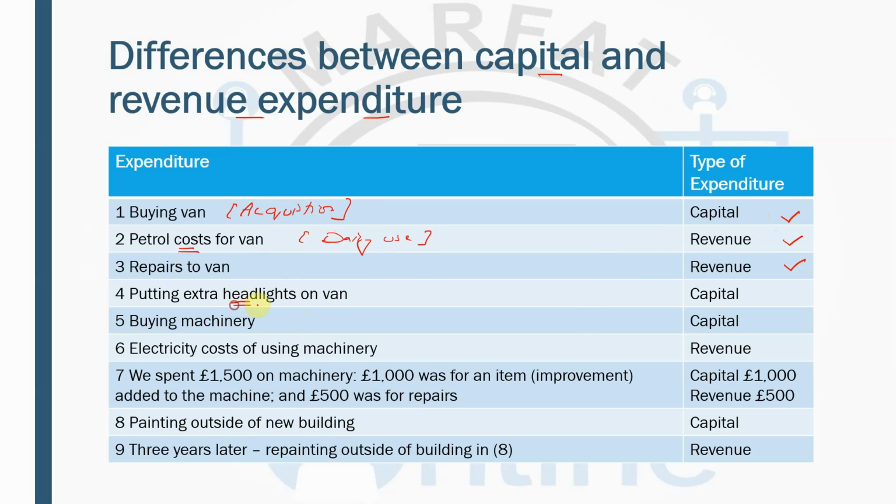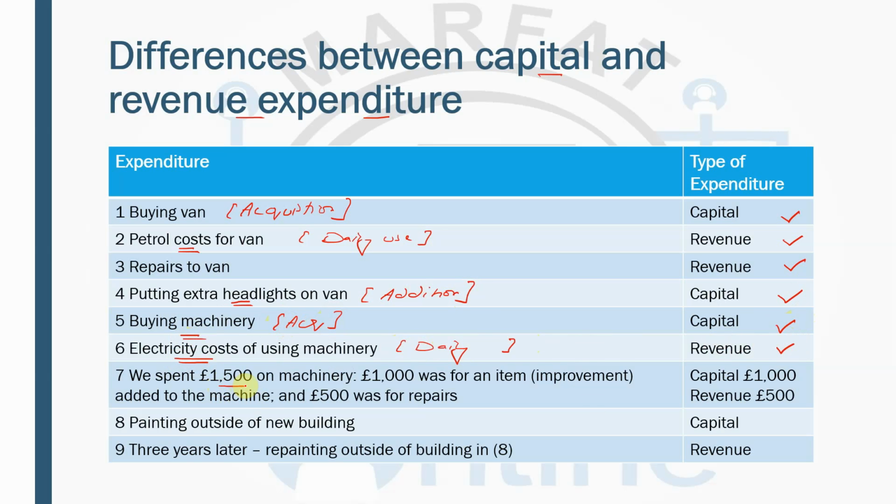Putting extra headlights is an addition to the value of the asset, so it is capital expenditure. Buying machinery, again you are acquiring something, is capital expenditure. Electricity cost is a day-to-day thing, a daily expense, so it is revenue expenditure.